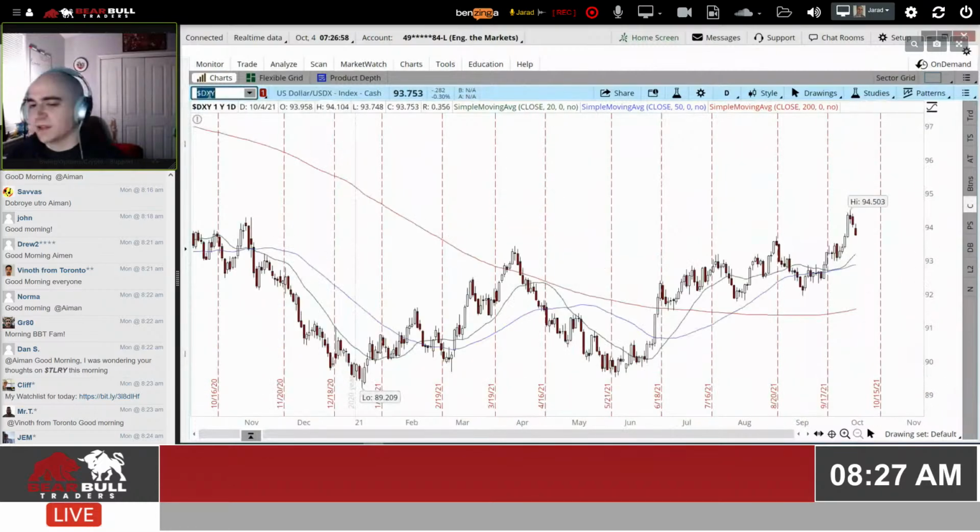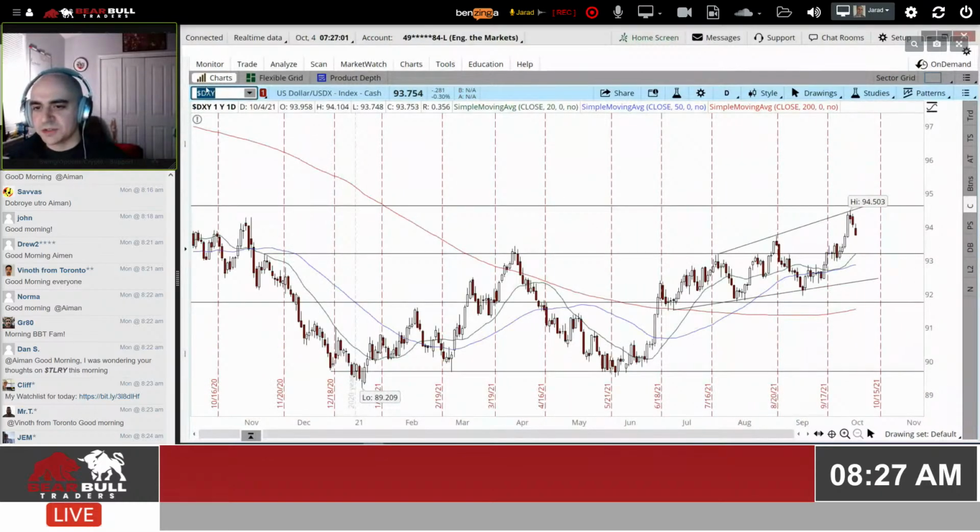Obviously, our dollar still a big risk factor. I've gone ahead and drawn out the previous two swing highs, just noting that we are seeing a pullback response from this area. This is likely going to be maybe some technical consideration for the dollar. And it's a bit of an odd pattern to discuss because we do have sort of range expansion occurring throughout this area.